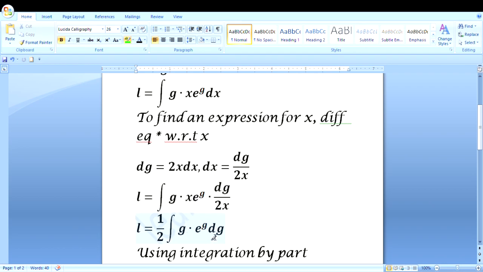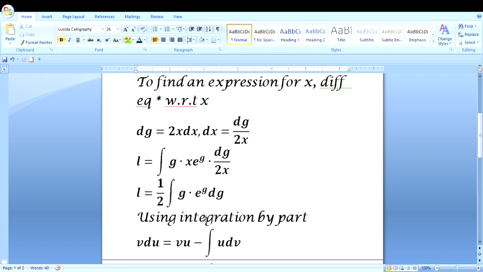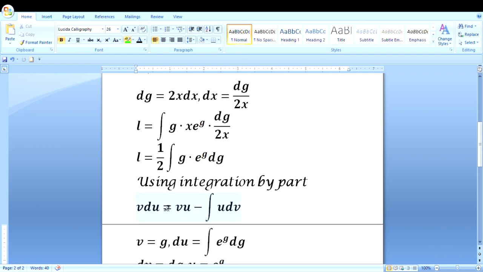Now looking at this integral, one can easily observe that this is typically integration by parts. The technique for resolving this kind of integral or function, which involves a product of two functions, is to use integration by parts. Now, if that is done, we have the integral of v du is equal to vu minus the integral of u dv.